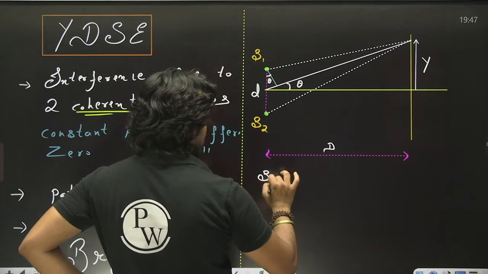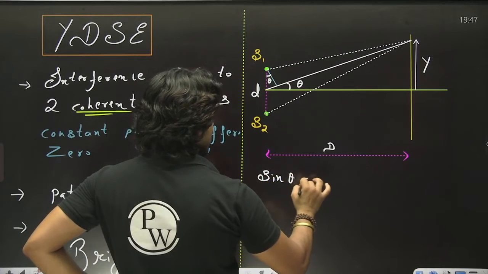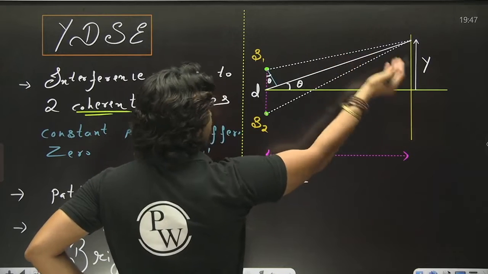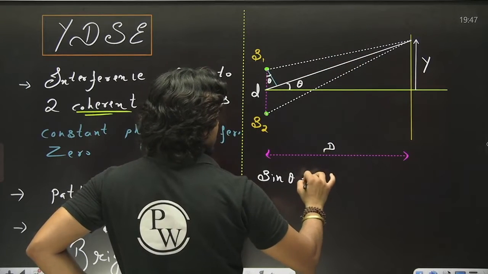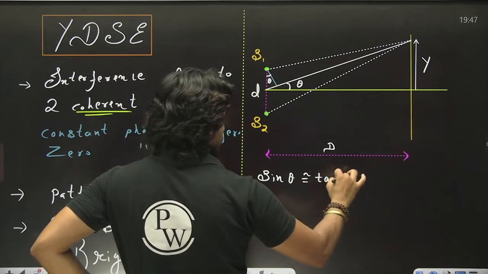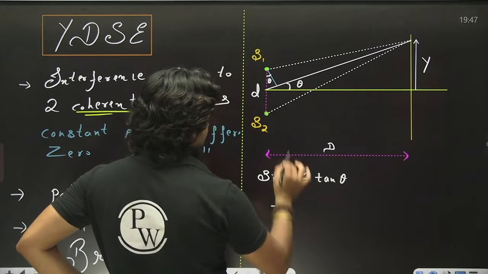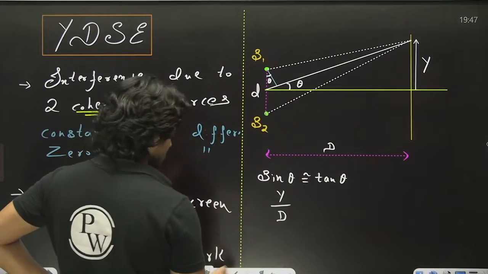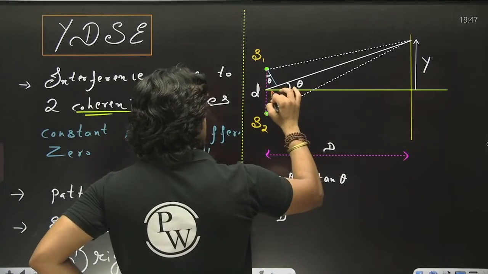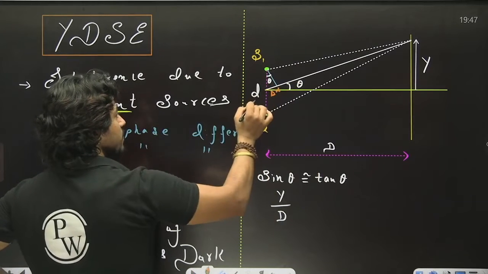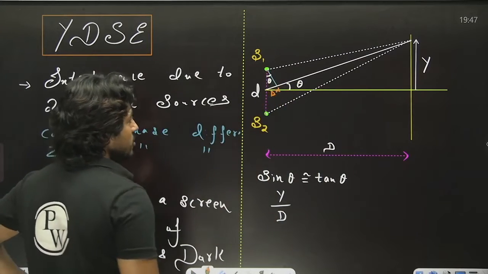For small angles, sine theta is equal to opposite upon hypotenuse, and sine theta and tan theta are almost equal. So tan theta is y by D, and sine theta is delta x, the path difference, divided by small d.